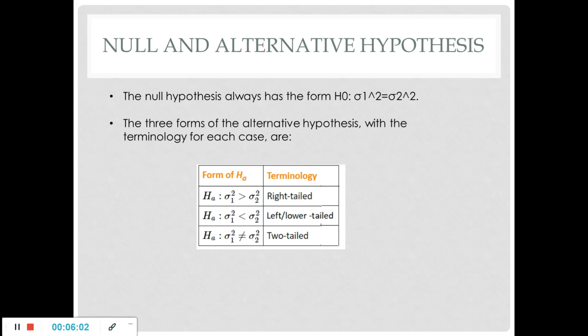For a right tail test, your alternative hypothesis will look like this: sigma 1 square greater than sigma 2 square. For a left or lower tail test, it will look like sigma 1 square less than sigma 2 square. And for a two tail test, you can specify your alternative hypothesis as sigma 1 square not equal to sigma 2 square.